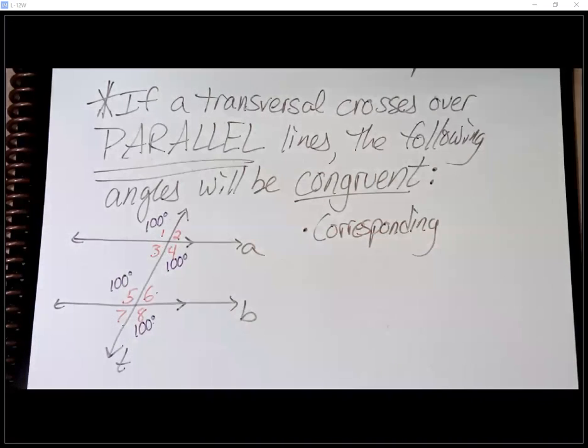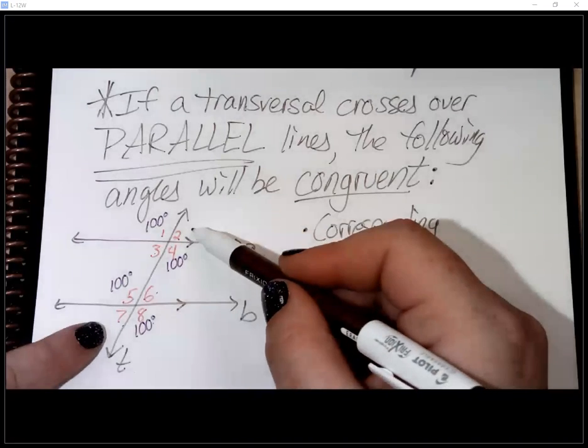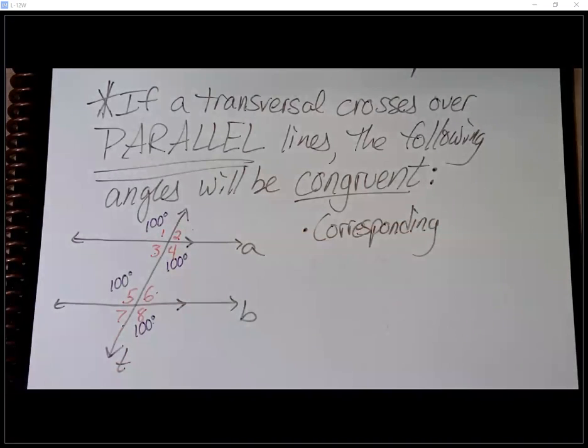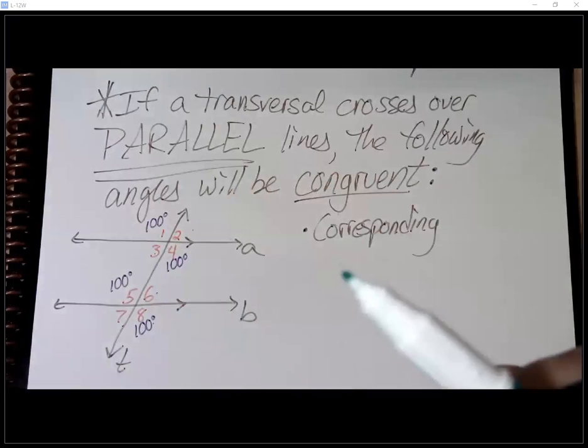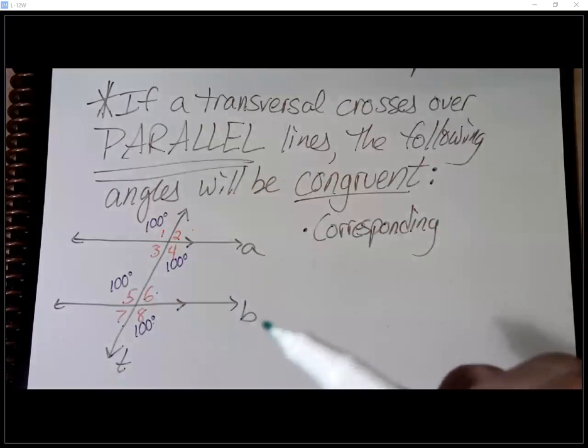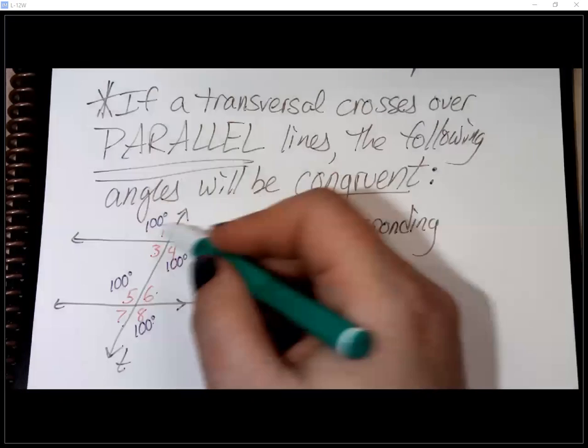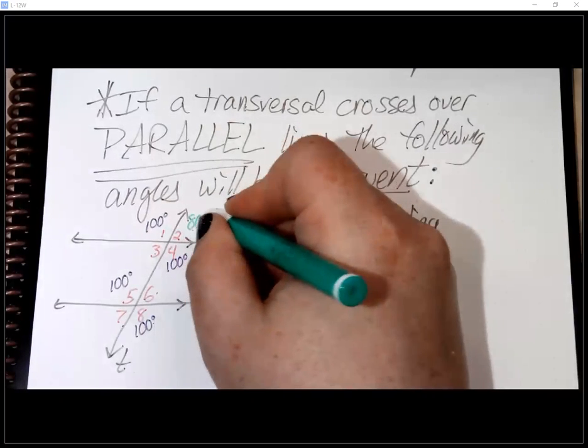So I'm going to have another set. Well, we might as well do that one. What would their measure be? Yes. And how do you know it's 80? Yeah, look at angles just 1 and 2. Don't they make a straight line together? They make 180 together. So if that one's 100, this one has to be 80. That has nothing to do with parallel lines. That's just, hey, I have a line.